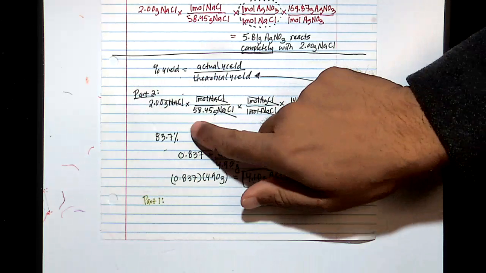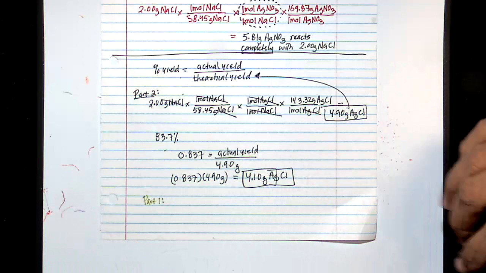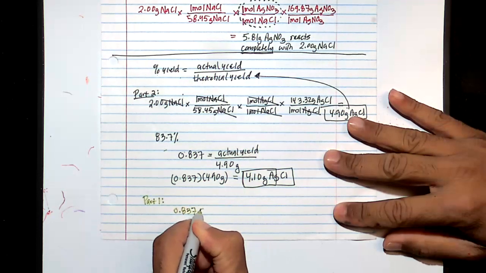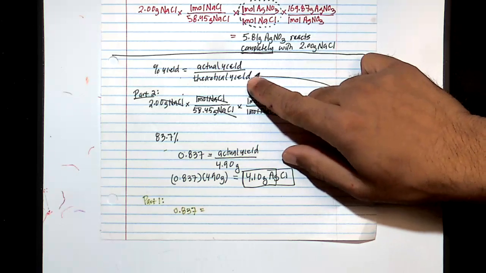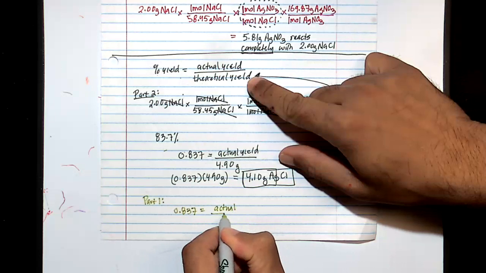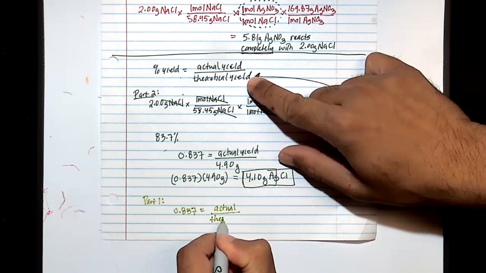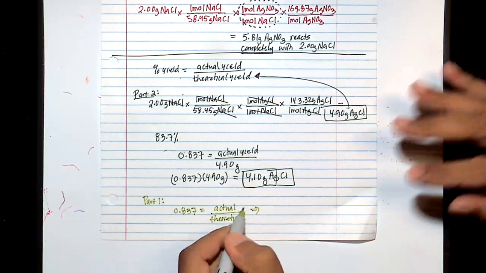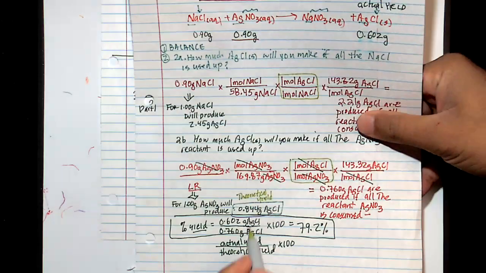We're not 100% perfect. We're 83.7% perfect. So 0.837 equals the actual yield over the theoretical, which was 0.844.